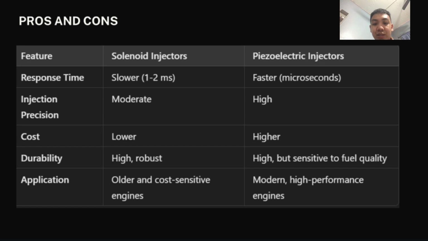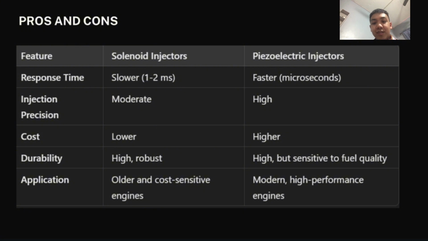The injection pressure on the piezoelectric injector is very high, which is very recommended for efficient power-delivering engines lah. And for the cost, solenoid is cheaper because of the simpler mechanism it uses, rather than piezoelectric crystal, which is very costly.